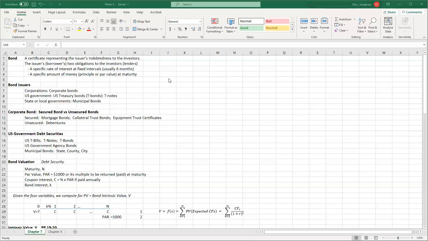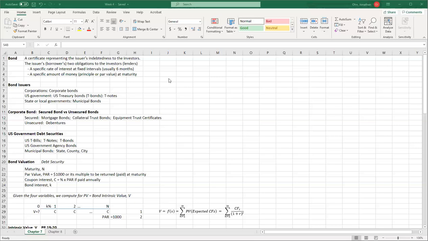Let's talk about corporate bonds. If the bond issue is secured by some kind of property or assets, we call it a secured bond. If it is not secured by anything, it is called an unsecured bond. Secured bonds include mortgage bonds, collateral trust bonds, and equipment trust certificates.